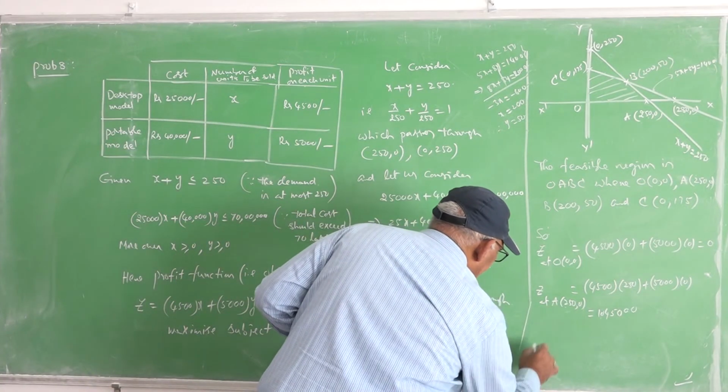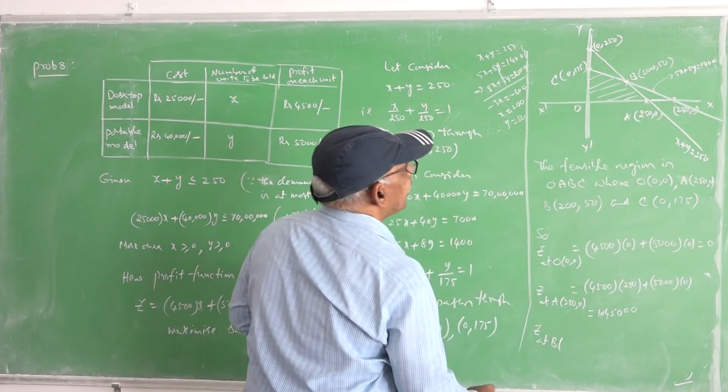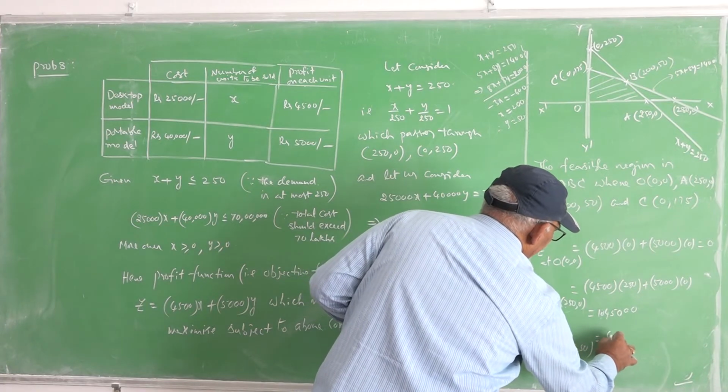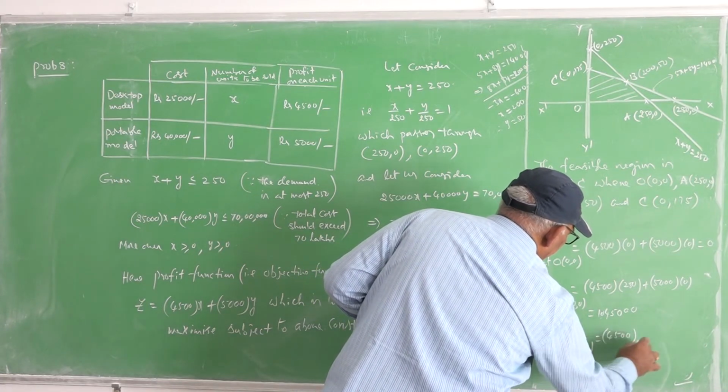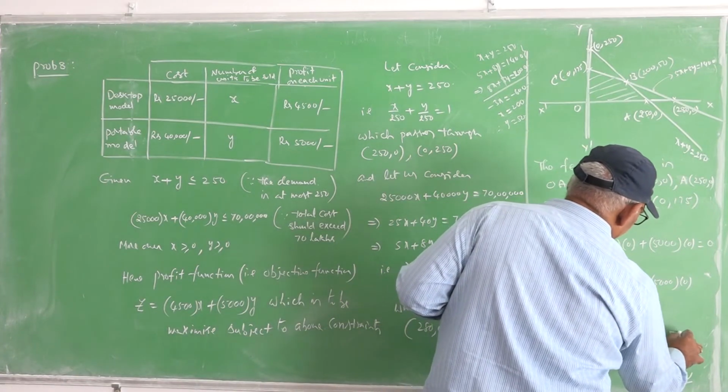Z at B. What is B here? 200 comma 50. That is 4,500 into 200 plus 5,000 into 50.